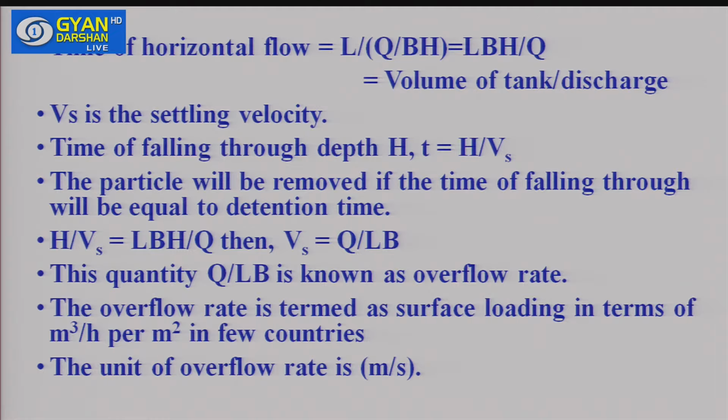So after sedimentation, this water is sent for coagulation and flocculation, because in the sedimentation tank, all the colloidal and suspended particles may not be removed. There may be some fine particles which remain in colloidal or suspended form. So to increase their size, we add some chemicals in water, which are called coagulants.